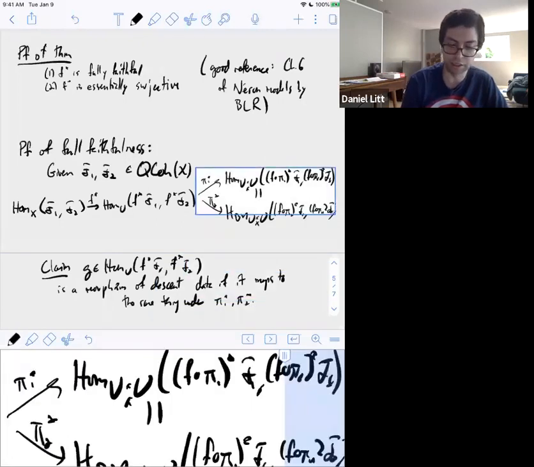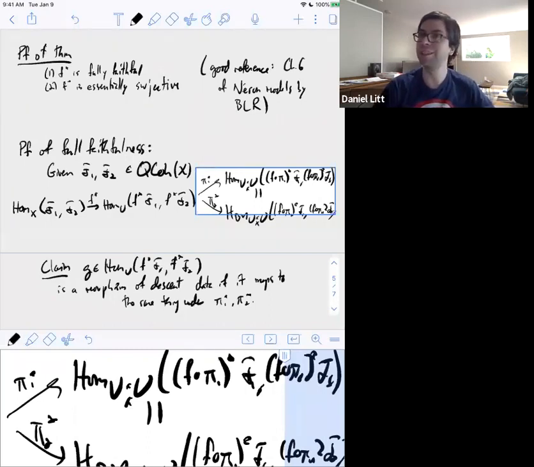And here I'm using the canonical identification between these two Hom sets. Okay, so maybe this looks like the sheaf condition.